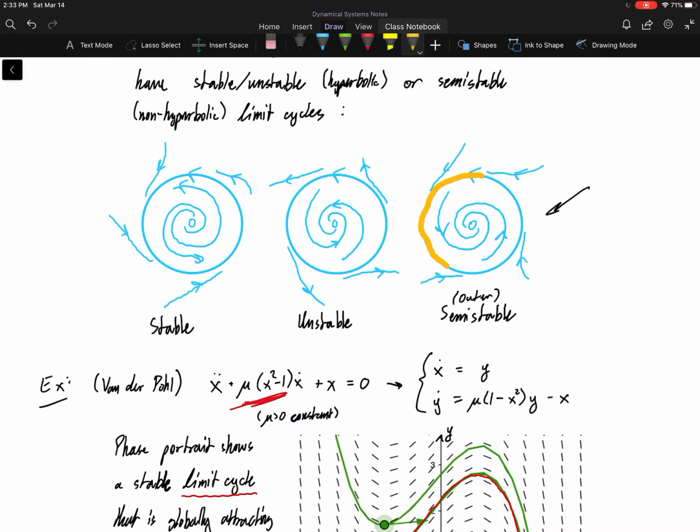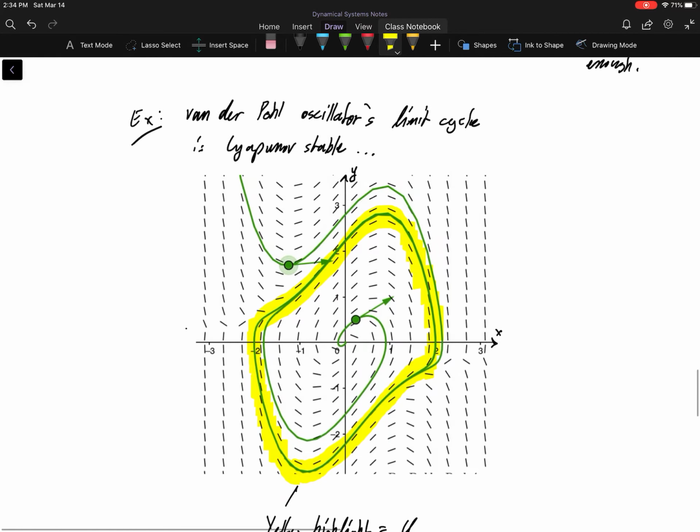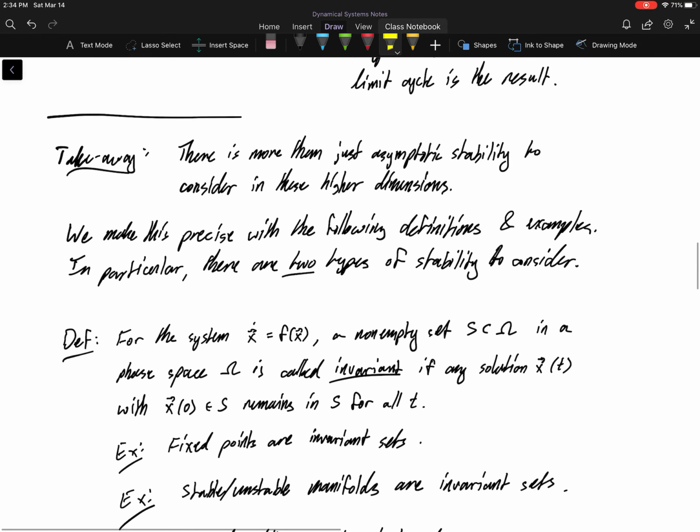Lyapunov stable says that there is a set that contains the limit cycle, and actually I probably want to do that where you can still see the limit cycle. So here's my highlighter pen. Maybe this would be U, or you know what, this drawing feels familiar, like I'm doing this again. Ah, yes, indeed. Okay, so I don't have to go back to this example. So let me go ahead and kill that off.